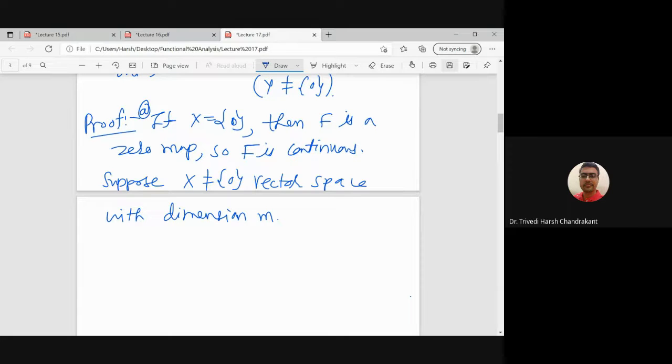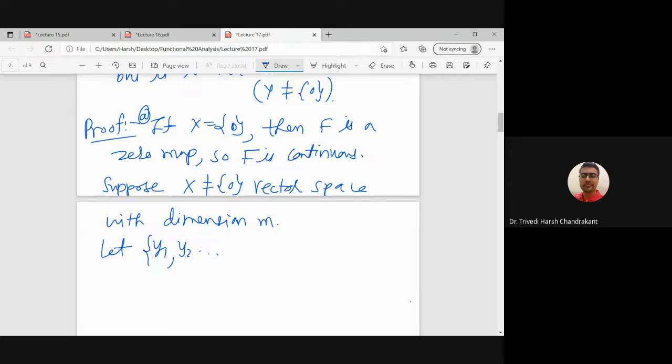Right, so X has dimension m, so it has a basis. Let us fix the basis. Let y1, y2, ..., ym be a basis of X.